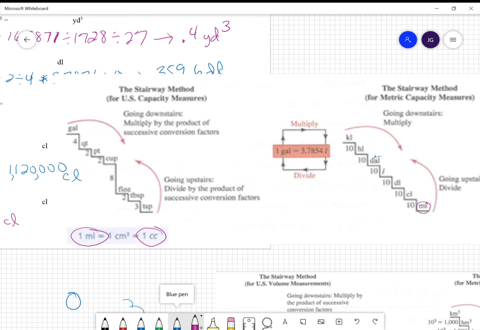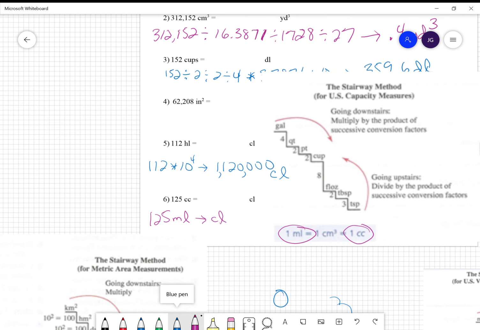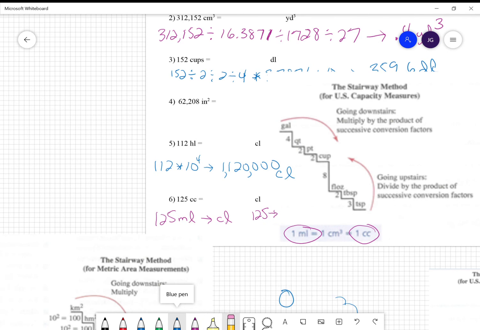Milliliter is here. Centiliter is 1 up, so I'm going to divide by 10. 125 divided by 10, 12.5 centiliters.